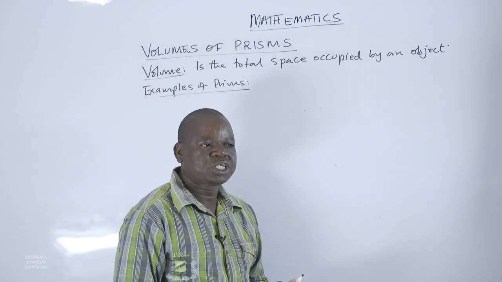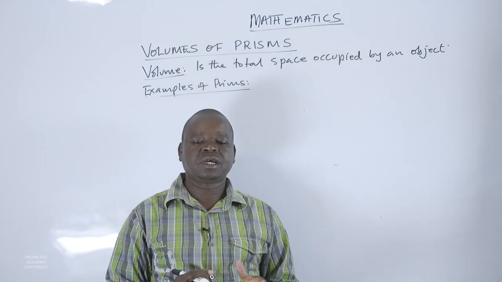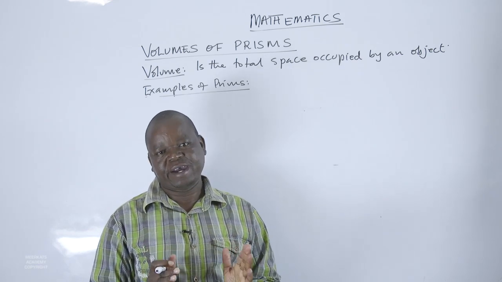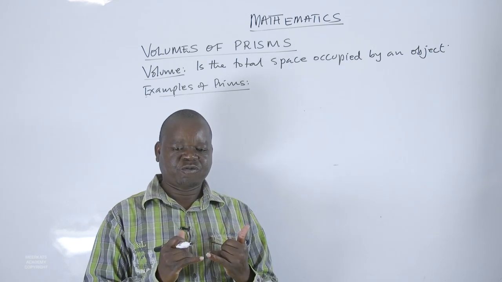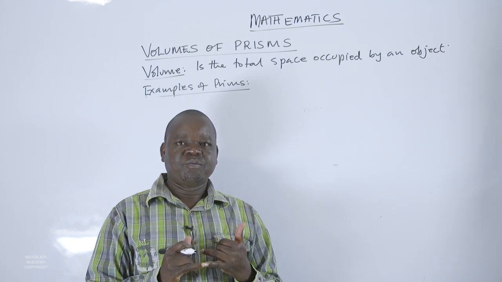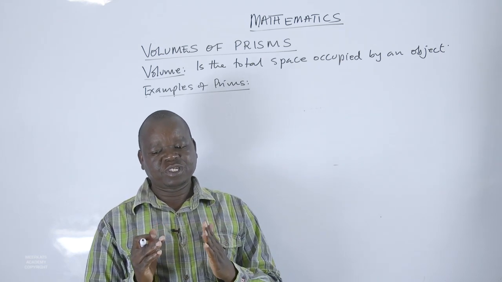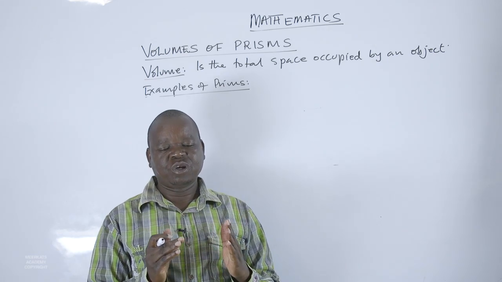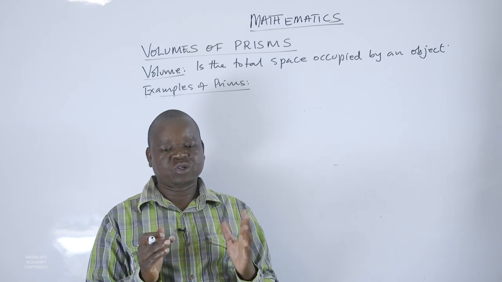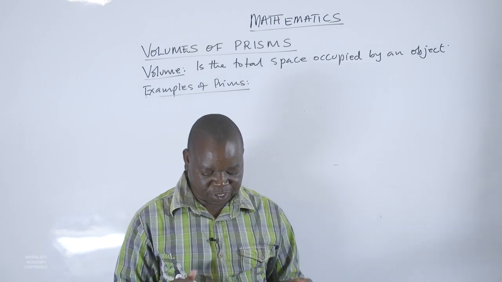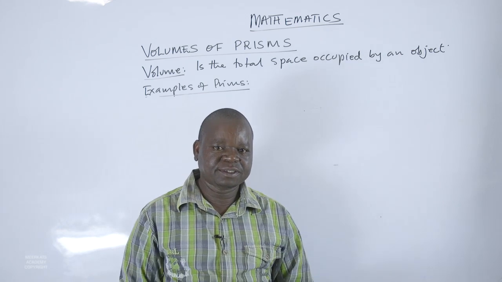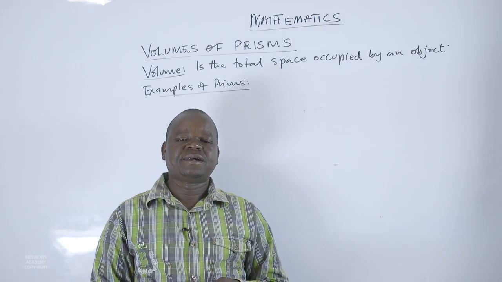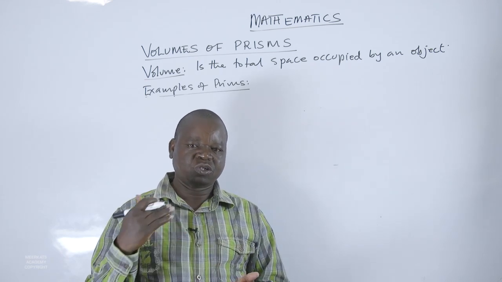So class, what guides us in the calculation of volume of prisms is the type of base we have. We must first of all get the base area, and after we have gotten the base area, we can calculate the volume of that object without much problem. For example, if we have a cone, the base is circular, and the curved surface is also circular.